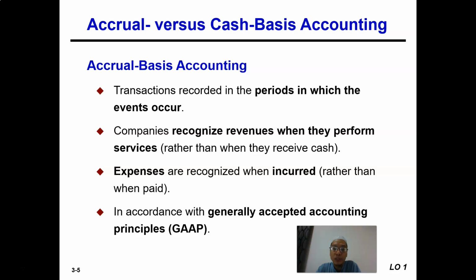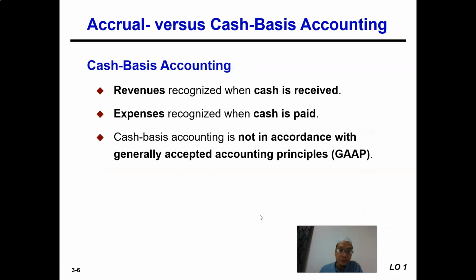For example, if we have sent the items ordered by our customers in January, although the customer will pay in March, we must recognize the revenue in January and not wait until we receive the money from our customer. That is what accrual basis is, and this is in accordance with generally accepted accounting principles.